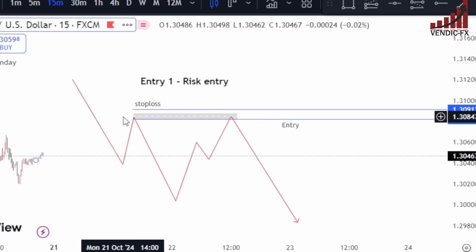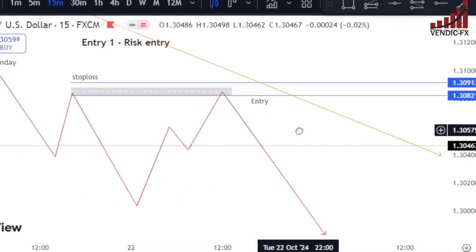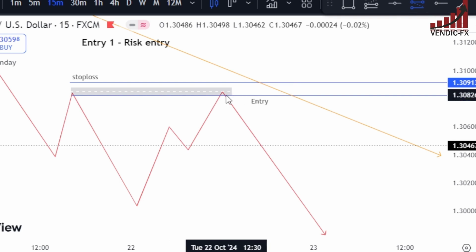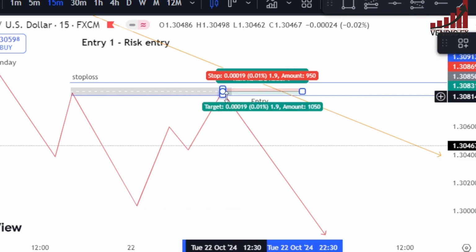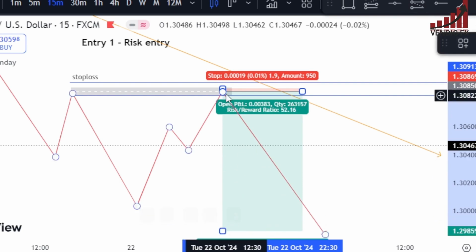You are sure of the trend. Let's assume you are sure that the market is moving down. You have your previous lower high, and the market is bouncing back to that previous lower high, where you are very sure of your reversal. So you just get in here, without knowing if the trade is going to reverse from there or not.